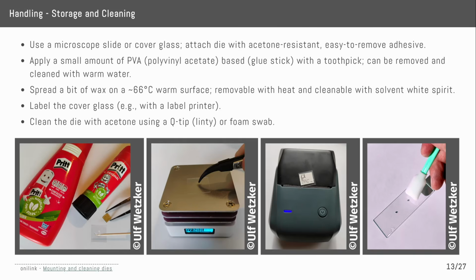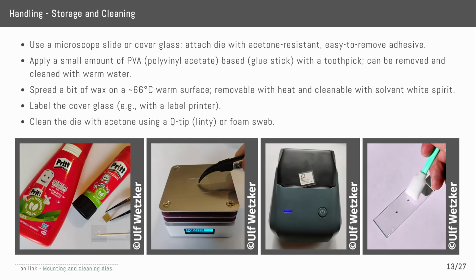So what can be done is to use a standard glue stick. You take a piece of the glue, you spread it with a toothpick, and then you glue the die to the microscope slide, and later on you can simply dissolve it in water, so you get the chip off again.